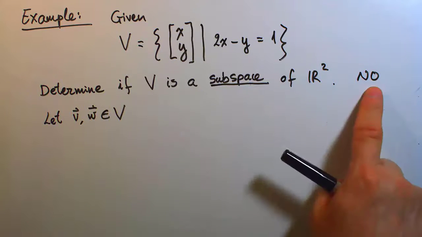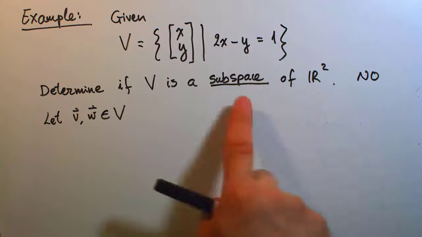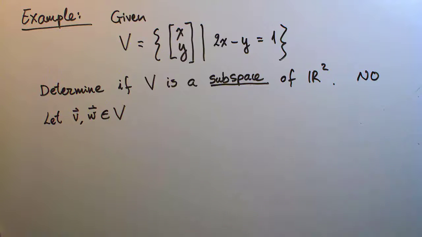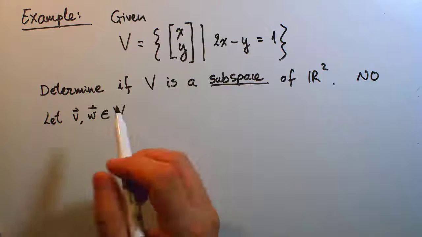But in this case, since I said ahead of time that this is not going to be a subspace, it's not going to be a vector space, then we have to prove that.